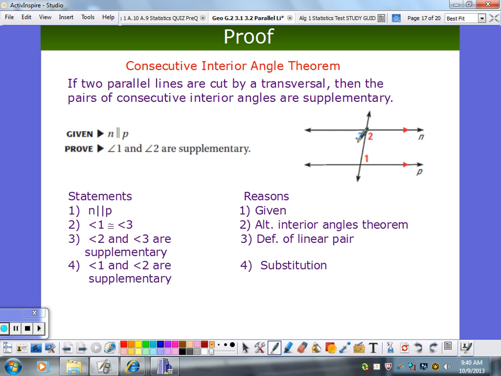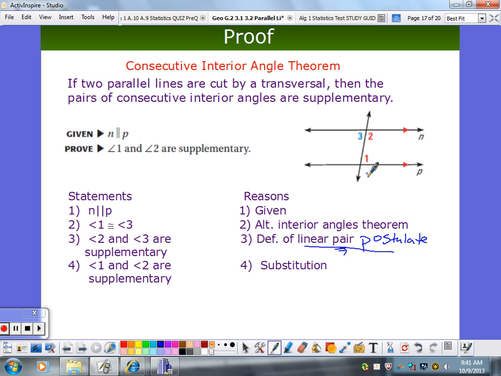Yeah, and you know what? I don't even think this is the right reason. I think it's more the linear pair postulate. They are a linear pair, but if they are a linear pair, then they are supplementary. That's the linear pair postulate. So that's probably a better reason here. So why are 1 and 2 supplementary? Because that's what we're trying to figure out.